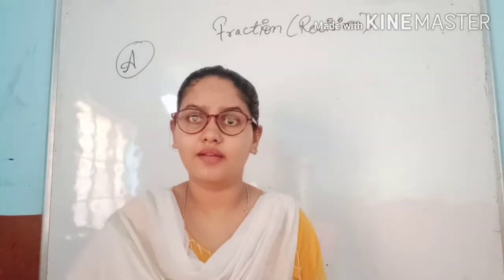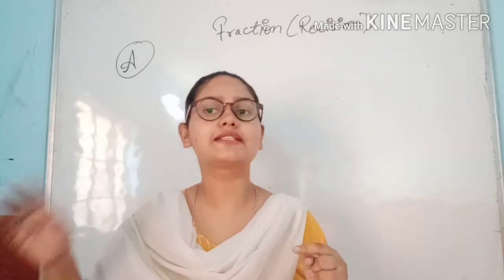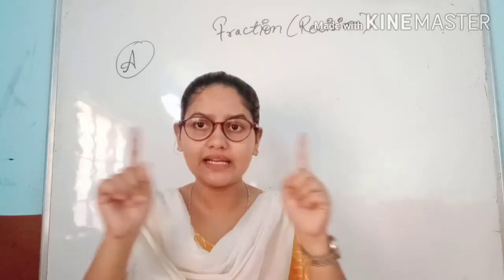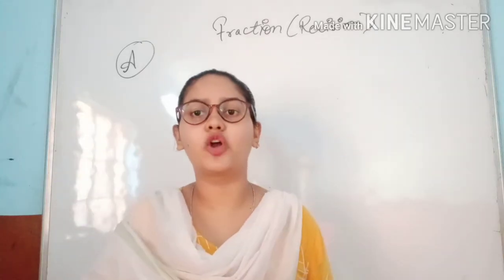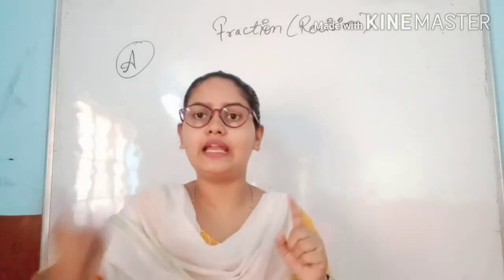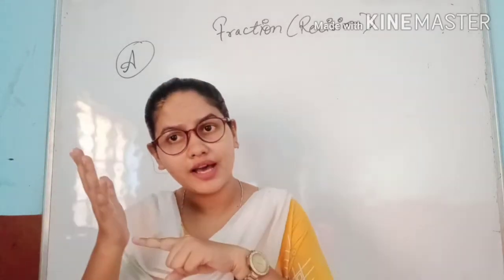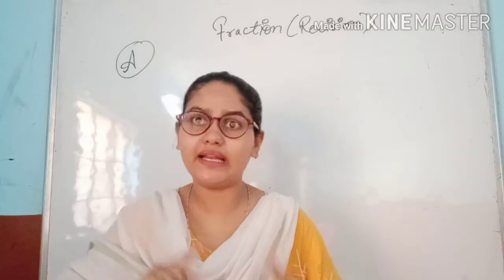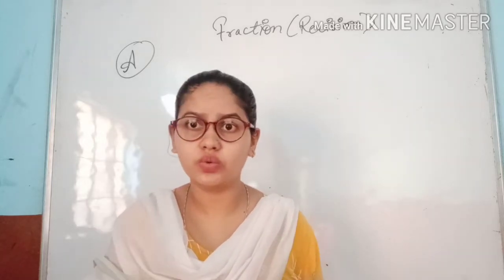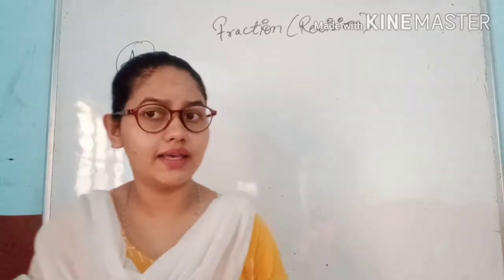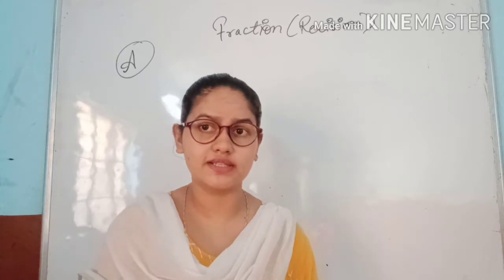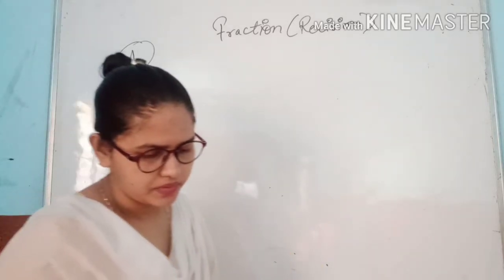But when the denominators are different and numerators are the same, we have to follow the opposite rule: in ascending we follow descending, and in descending we follow ascending. Remember this, I am repeating again and again just for you, because I can give this sum in your unit test.